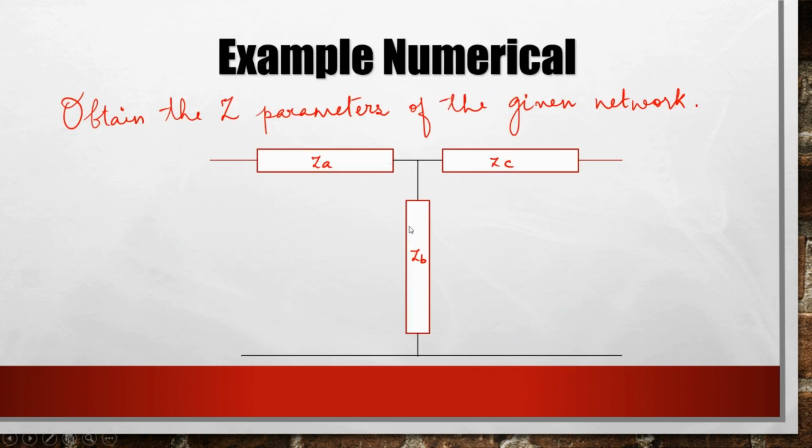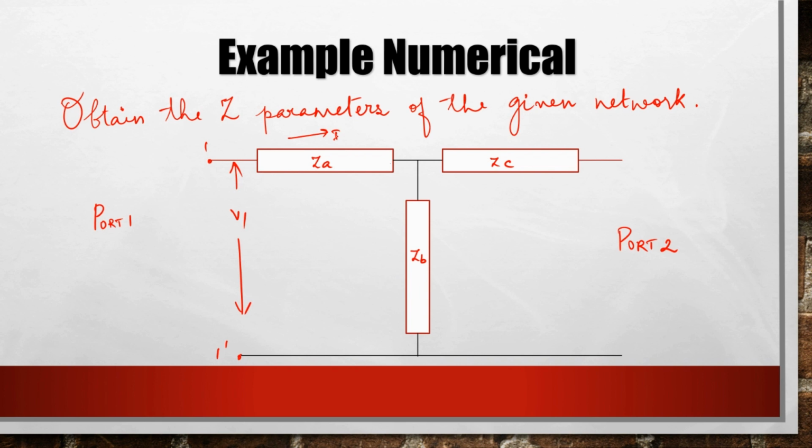So, say we've been asked to obtain the Z parameters of this given network. So, this side, that is the left side of this network, I can call port 1, and the right side is say port 2. This is 1, 1 dash. This voltage is going to be V1.